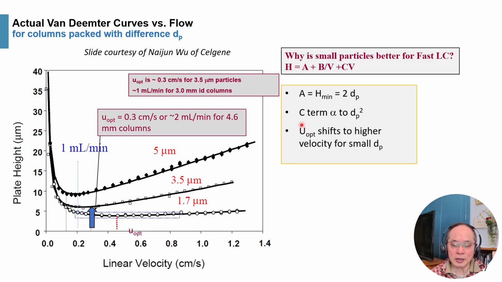The C term is proportional to dp squared. So the slope of the C term at 5 micron is substantially higher than that of the 1.7 micron, right? It's 3 times smaller particle, so the C term is 9 times shallower.